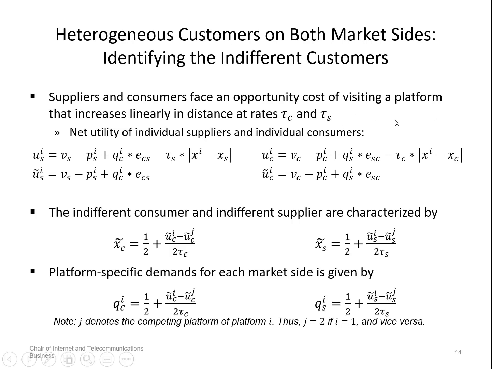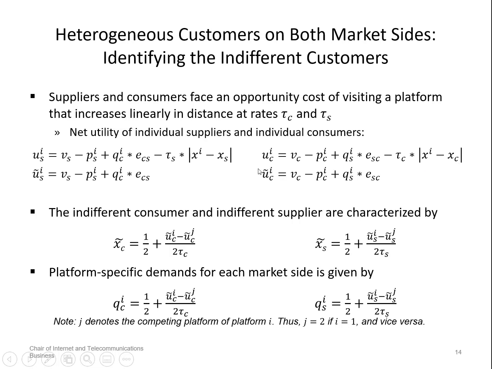From joining platform i, UiS is the net utility of suppliers, which is the value VS minus PiS, the price being paid by suppliers on platform i. This is the value being created, and this is the transportation cost. Again on the consumer side, this is the value being created for consumers minus the price being charged to consumers, plus the additional value that they get from the presence of suppliers on the platform. And this is the transport cost.